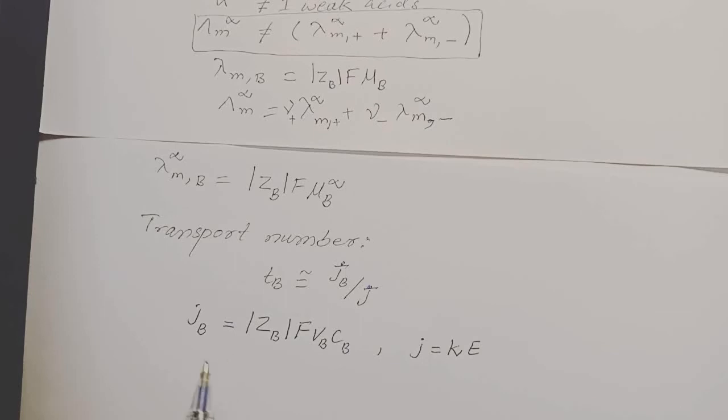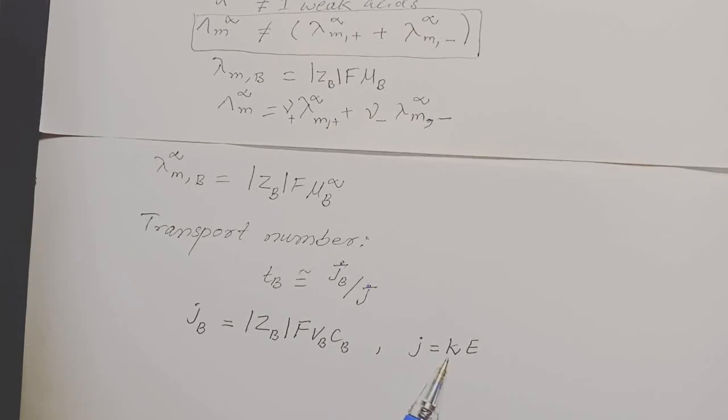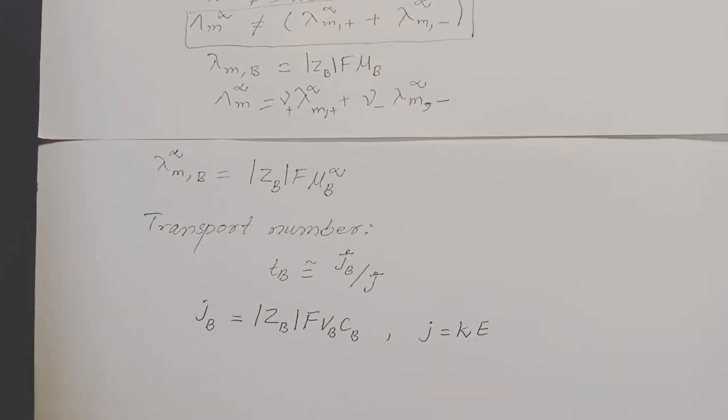So the transport number for species B is the ratio of the current carried by the species B over the total current density. Here the current density carried by species B is given by the equation in the previous lecture, whereas the total current density is the product of the specific conductivity and the electric field strength, or the magnitude of the electric field.